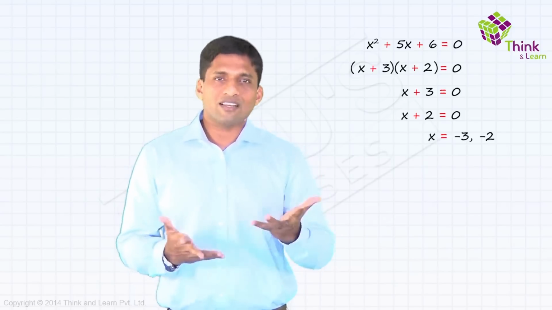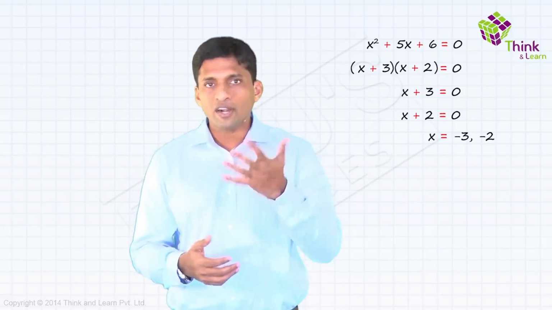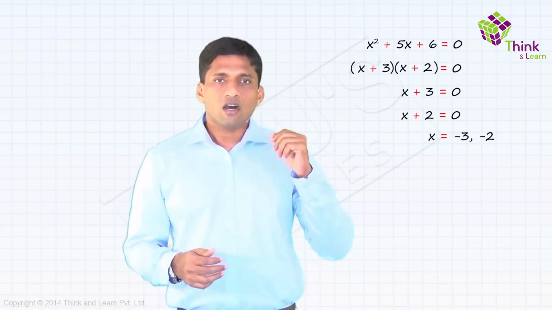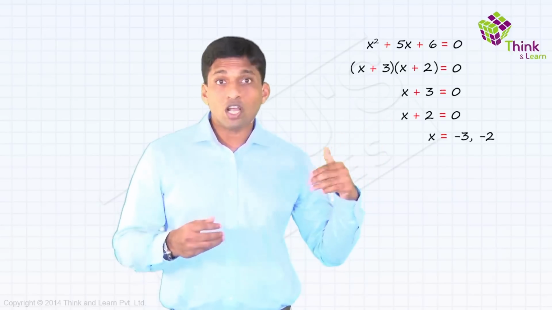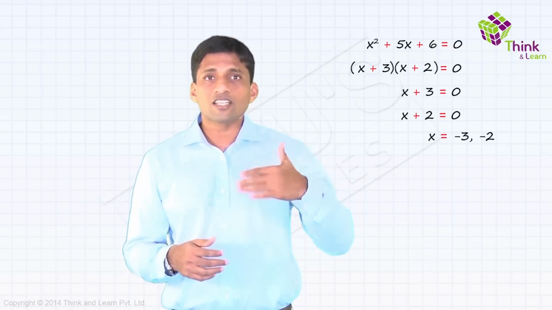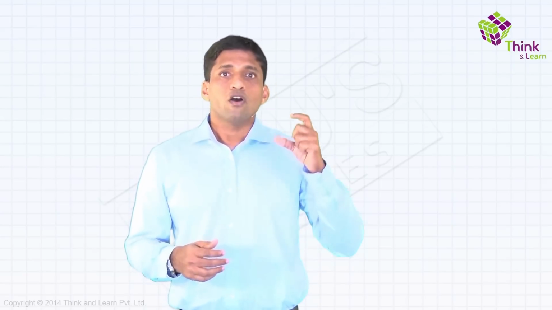Once you connect, it becomes so simple. That's why you understand this completely now. You know how to factorize a quadratic polynomial using numbers, and now you know how to visualize it, not just how to factorize, and that helps you to find the roots. So I'm sure by this you have a much better understanding of factorizing quadratic polynomials.